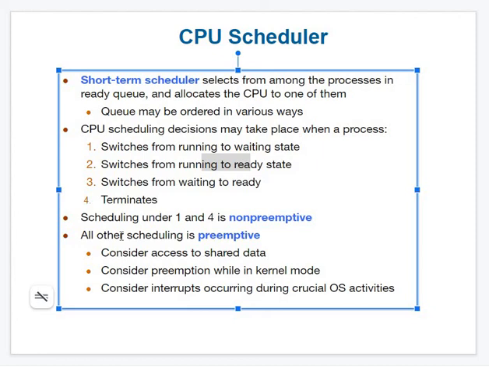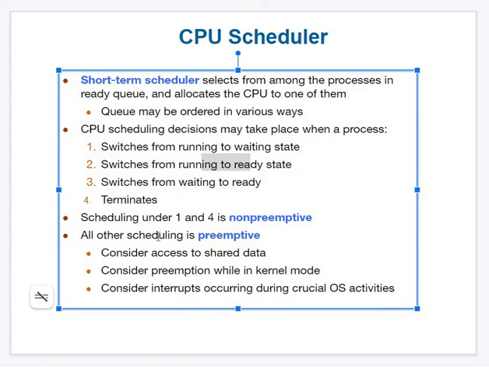As of now, let's understand that preemptive means some process is under execution and another process with a higher priority arrives. Should the present executing instruction stop and give the CPU to the higher priority process or not? Based upon that we decide whether it is a preemptive or non-preemptive process.